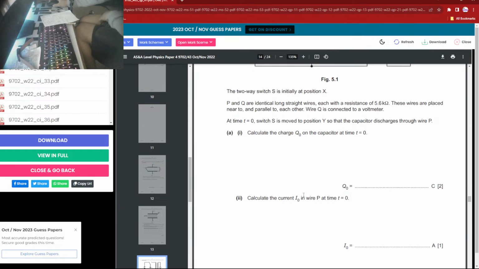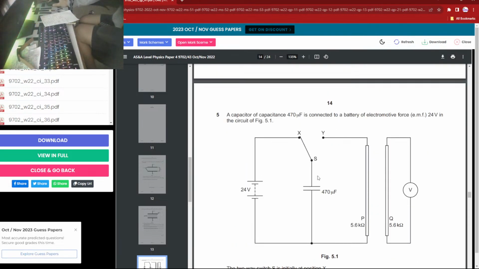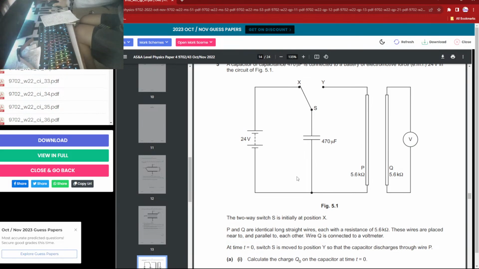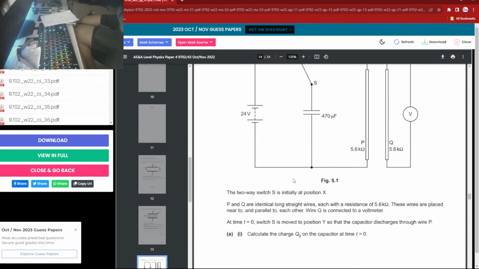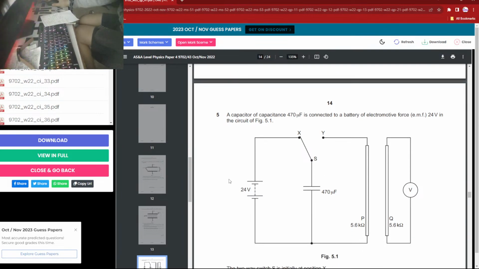Okay, next one. Calculate the current I in YP at time t equals 0. So at time t equals 0, move to position Y. When it's just moved to position Y, you will still have full potential difference here. So number 2, V equals IR.